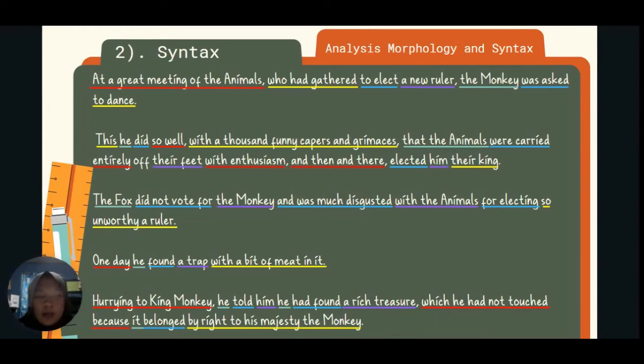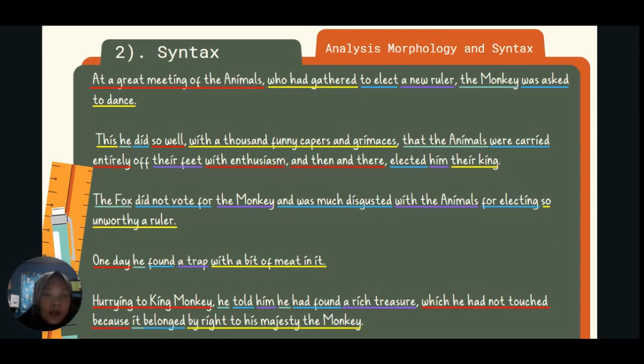In this case, words with red underline are adverbials. Words with yellow underline are complement. Green underlined are subject. Blue is verb and purple is object. Okay, let's see the first sentence.